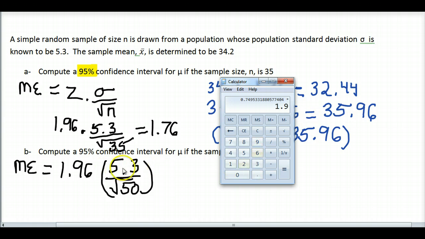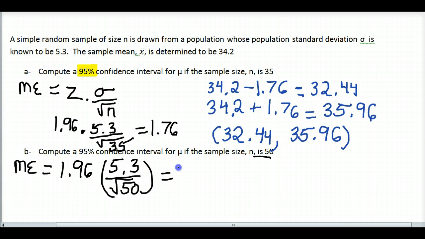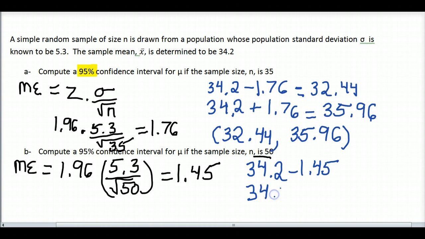Notice I didn't change the level of confidence. It's still 95%, so that constant is still the same, giving me a slightly smaller margin of error, which does make practical sense. If you increase the sample size, you will be more certain of your results, which results in a smaller margin of error.